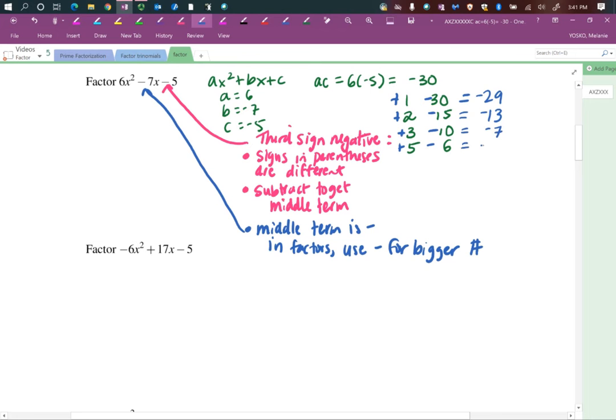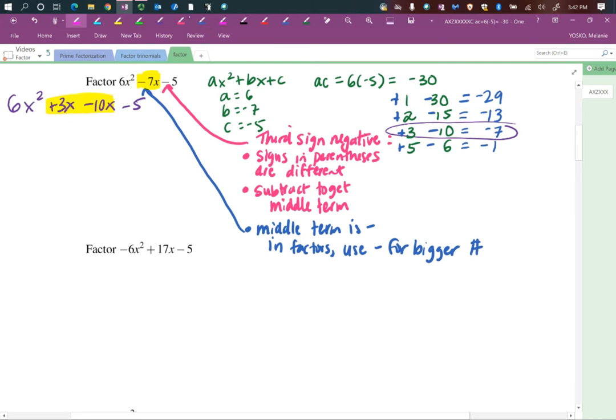And 5 minus 6 is negative 1. So then we go back right here and we say, well, negative 7x, we're going to rewrite that in terms of 3x minus 10x. So we're going to rewrite this, 6x squared plus 3x minus 10x minus 5. Does that make sense? So this negative 7x is written in terms of those two values.